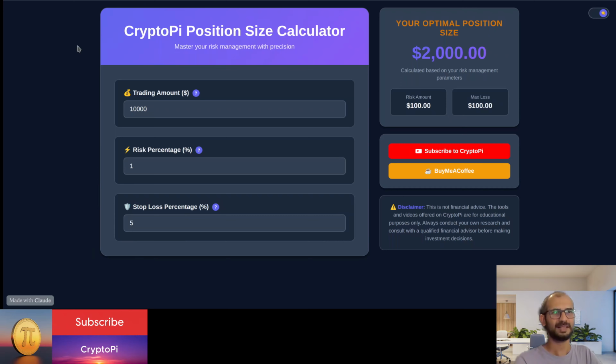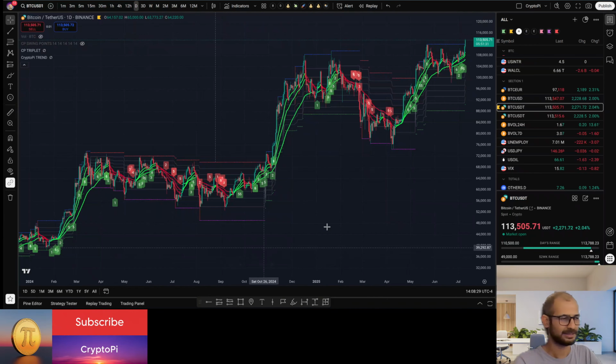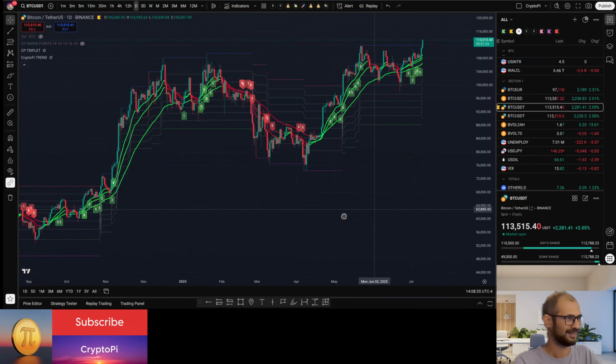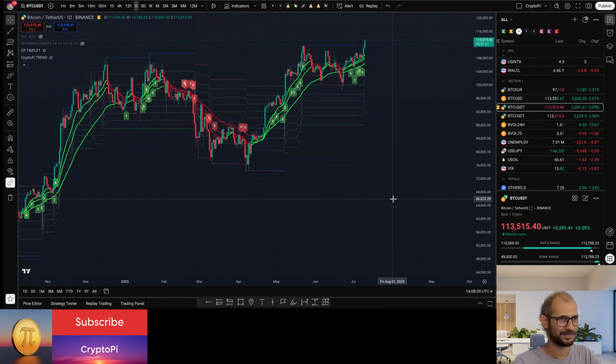All right, now let's look at the Bitcoin chart, and it looks pretty amazing. So we see that Bitcoin today hit an all-time high of more than $113,500. Let's see, what was the all-time high? The high here is $113,788. That's incredible.